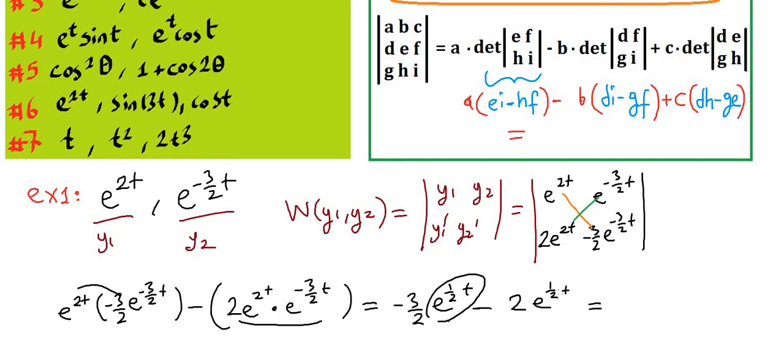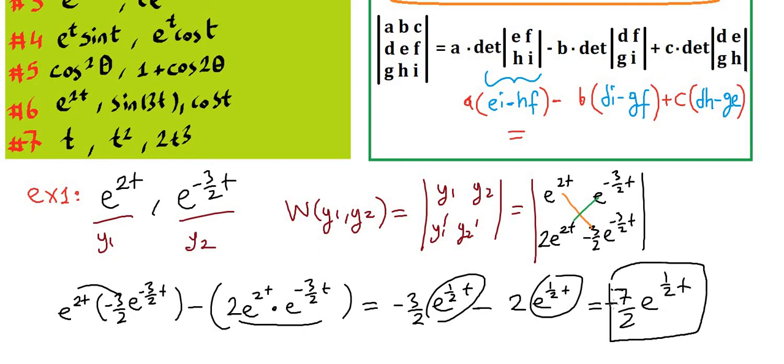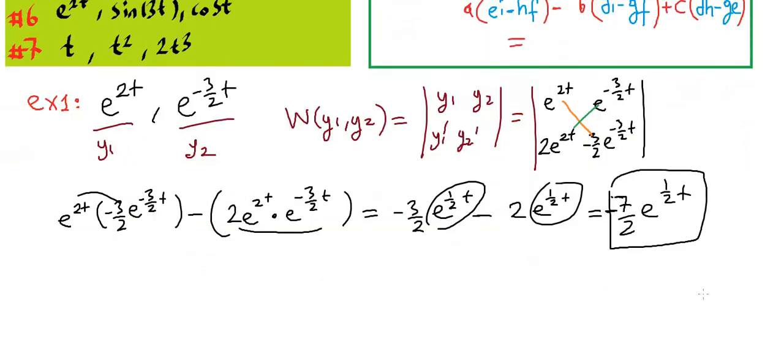So we have like terms, so we can combine the coefficients. Negative 3 over 2 minus 2 is negative 7 over 2, and we have e to the 1/2 t. So this is our answer as our determinant. So the Wronskian is not equal to 0, so those functions are linearly independent.